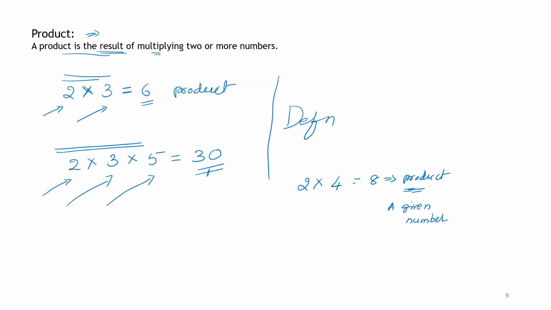The product 8 you got by multiplying two numbers, 2 and 4. So these two numbers we are going to call factors. Here 2 and 4 are factors of 8.